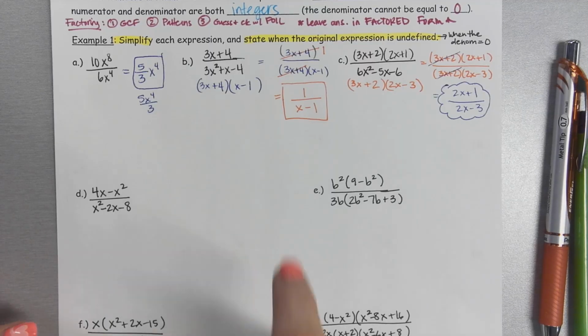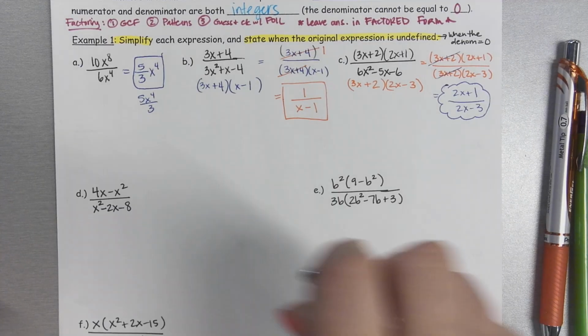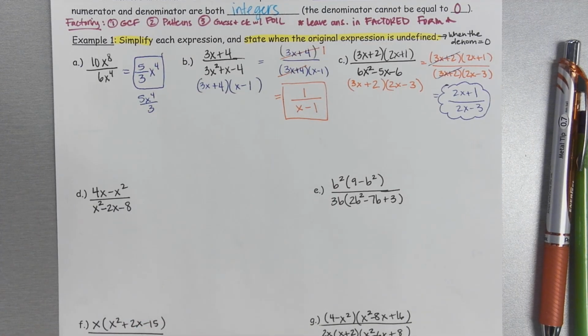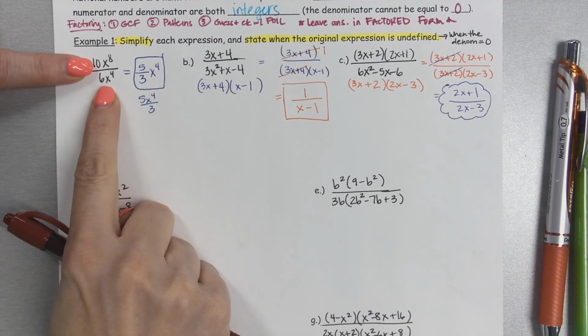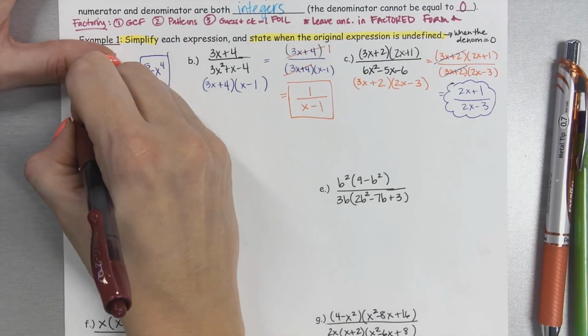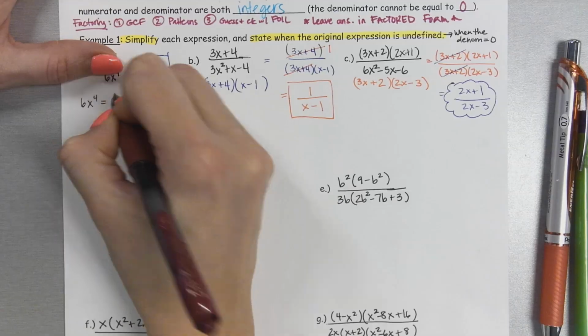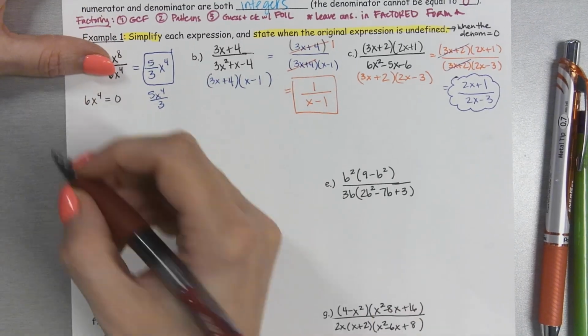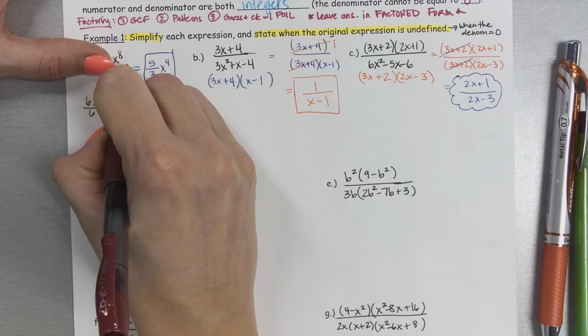Now when you do the second part, when you state where something is undefined, you just take the denominator, and it has to be the original denominator, and you set that equal to 0. So for this one, the original denominator is 6x to the 4 equals 0. We can solve that in just a couple seconds, right?